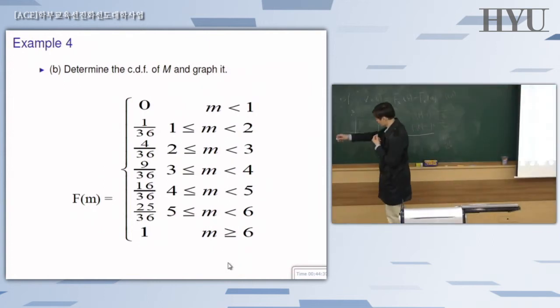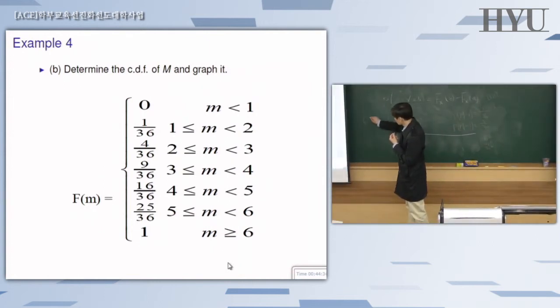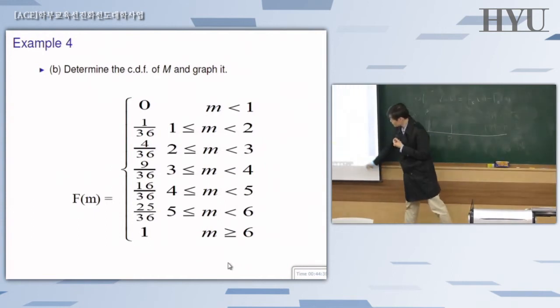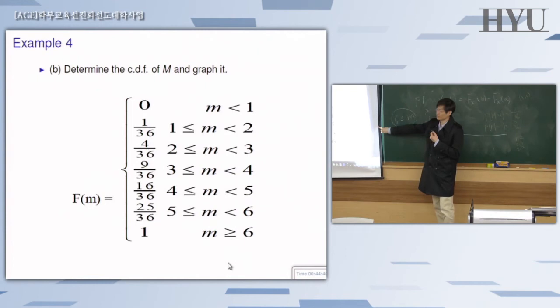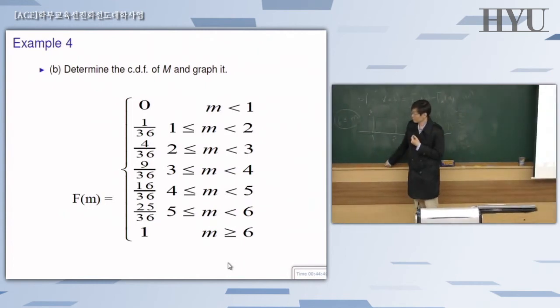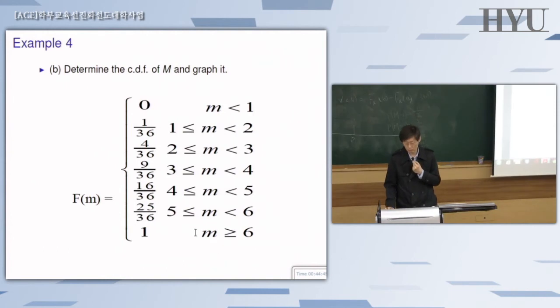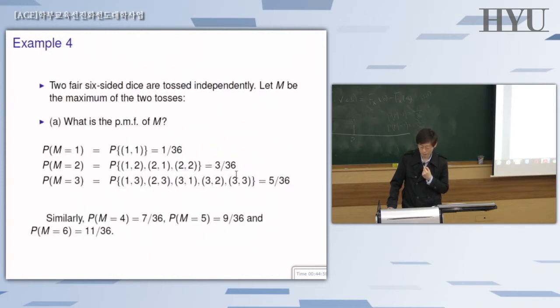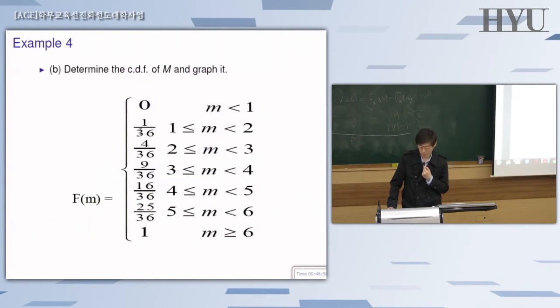So what I'm saying is, I don't know why I wrote it this way here, but you can just write this, which is the same as that. And the places where these equalities are placed are all on the left-hand side. And then there's a sudden jump, and the size of the jump between the intervals from 0 to 1 over 36, that's nothing but the PMF value that we just constructed.